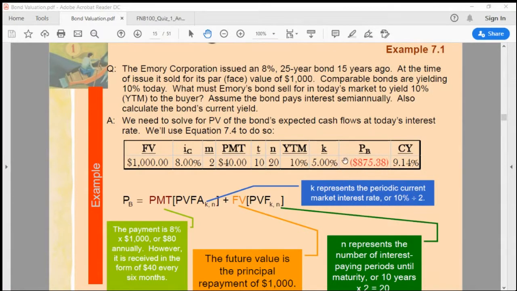You might also wonder, Professor, why is it in red font and in parentheses? Doesn't that mean negative? Yes, I told you, a minus sign, red font, or numbers in parentheses mean negative.